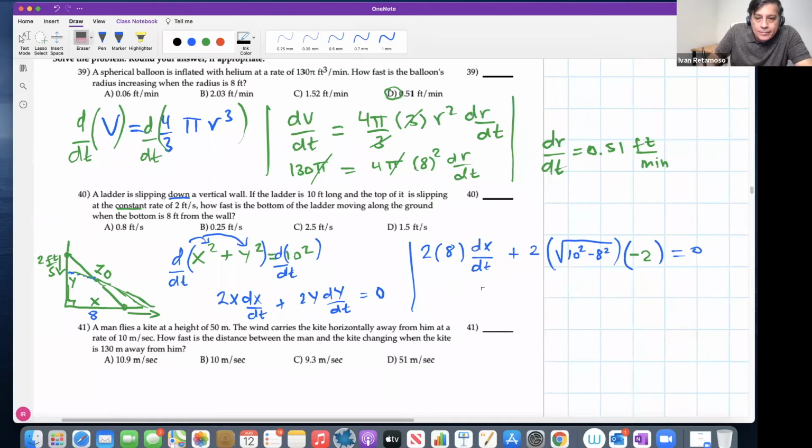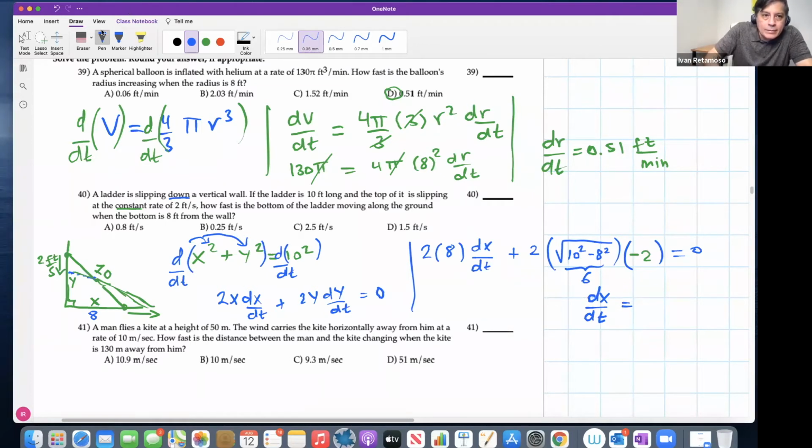Now, to compute that, multiply this negative, move it to the other side, and divide by 16. For the answer to this, you should get this value. This is 6, by the way: 100 minus 64 is 36, square root of 36 is 6.